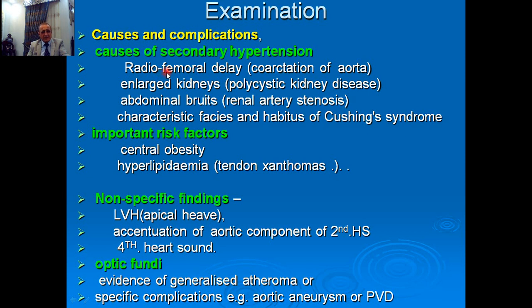There will be a delay, but this is in young people with secondary hypertension. You palpate the abdomen for an enlarged kidney, for polycystic kidney. You put your stethoscope for renal artery stenosis, and of course the Cushingoid appearance and facies. This will be obvious. Look for any risk factor like central obesity, features of hyperlipidemia, tendon xanthoma, etc.